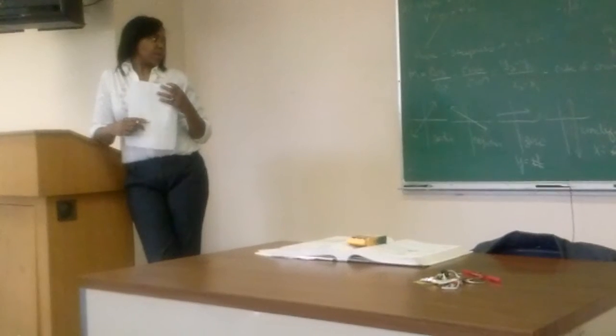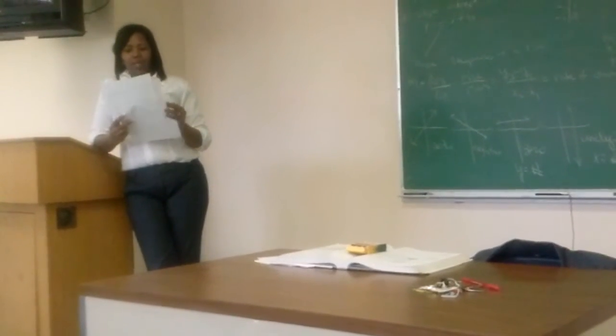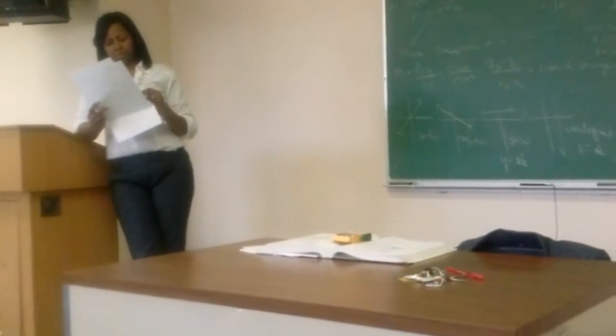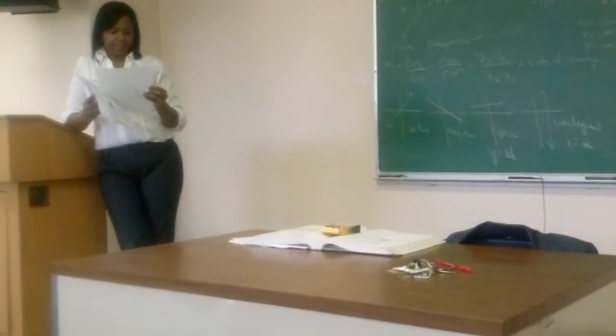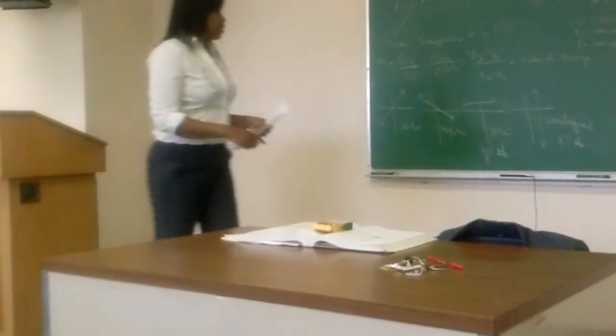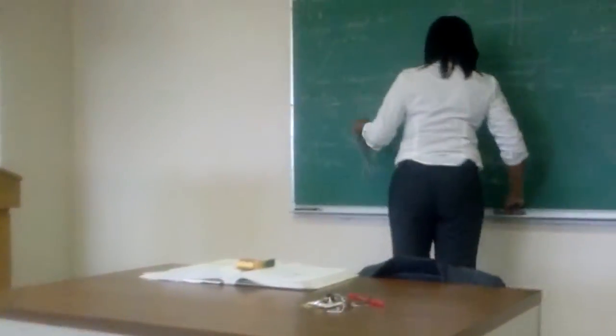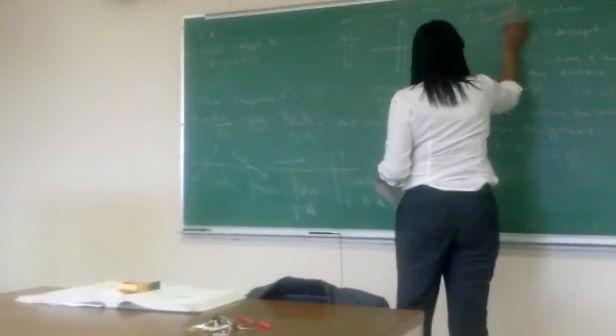All right. Now we're going to work on finding the slope for a minute. Finding the slope given two coordinate points, and then we're going to work on graphing and using the slope-intercept formula.